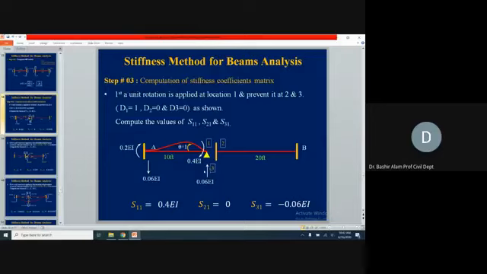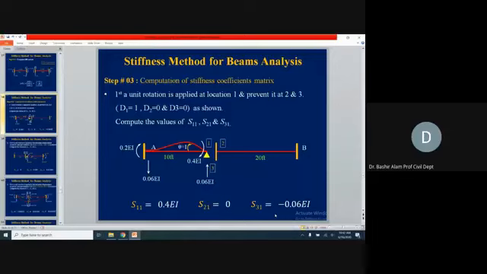S31, which will be in the direction of D3, which was downwards, but we have here upwards. So minus is coming here, and its magnitude is 0.06 EI plus 0 from the right portion. So minus 0.06 EI we have included. That easily you can create the first column.